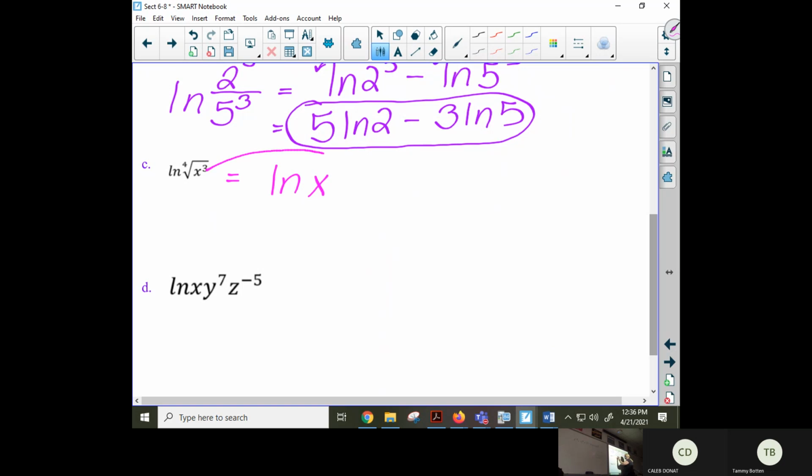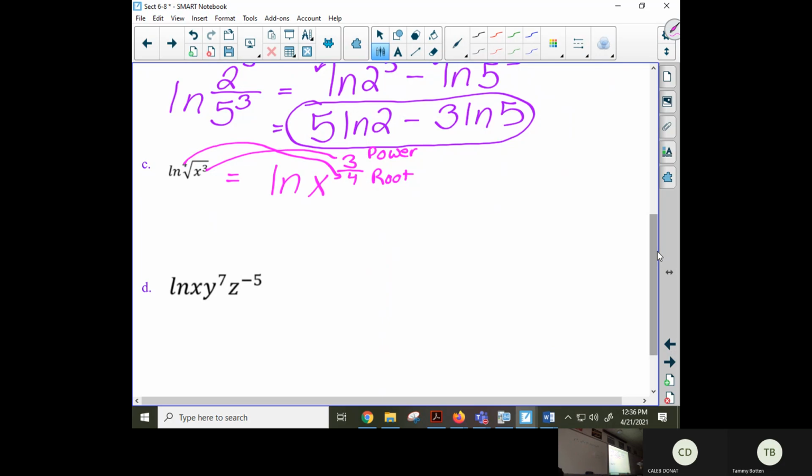You put this on the top. You put the root on the bottom. Power goes on the top. Root goes on the bottom. Okay? So that's what I did so far, is just change from there to a power.